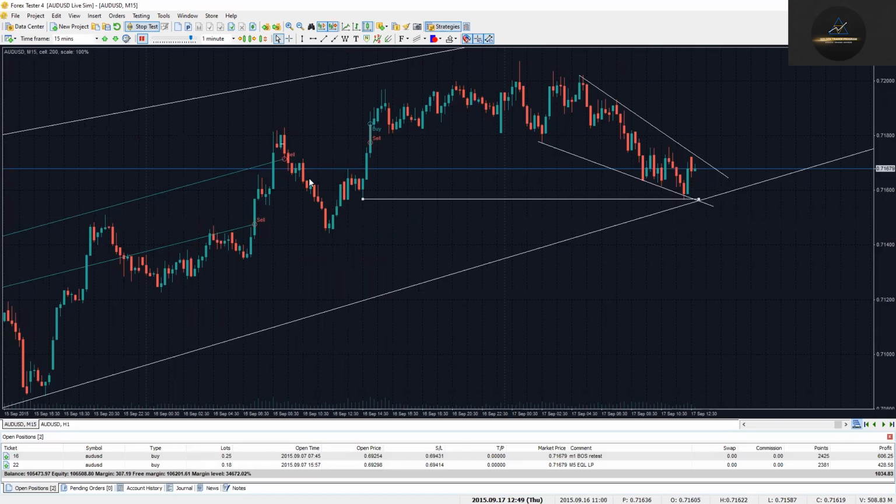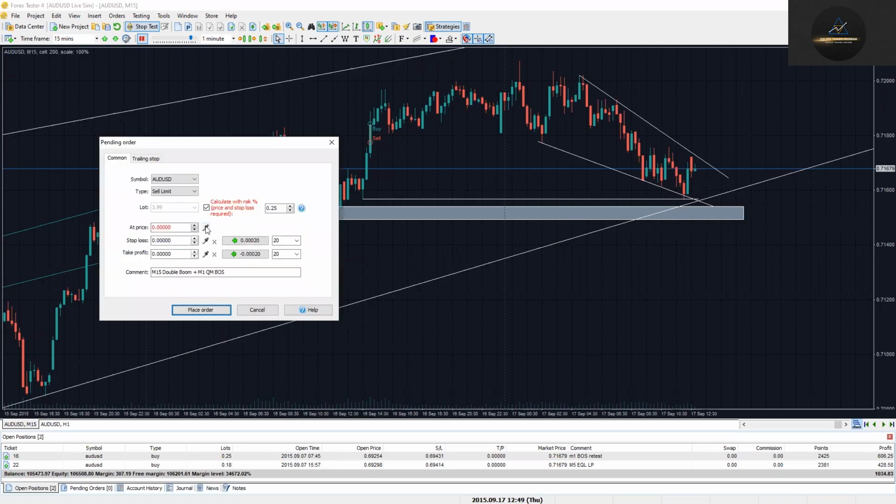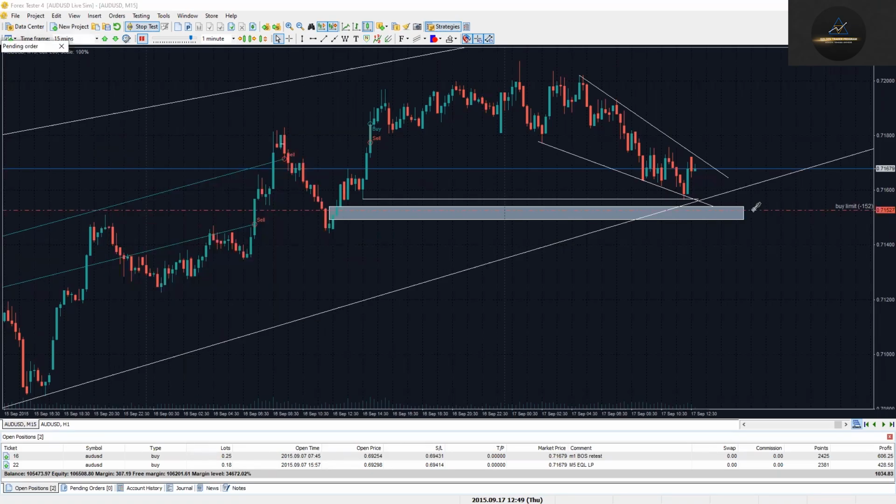I'm getting that, you know, when your spider senses start to tingle. I've got a feeling with this one. Really, really good trade. Okay, so we've got a potential entry here. Let's set it up. It's a buy limit. How many pips is this? About 4 pips.